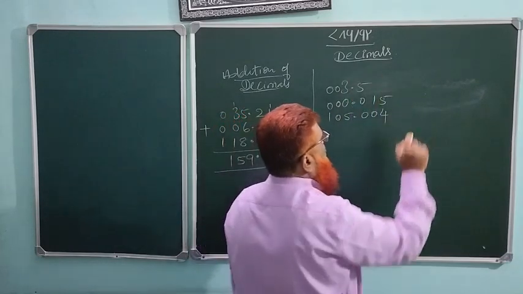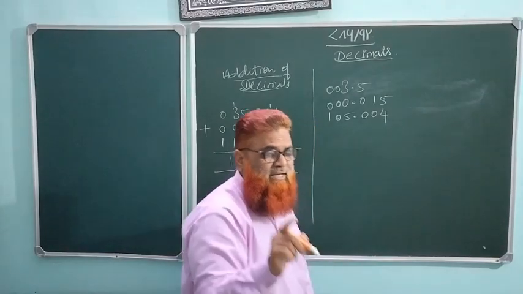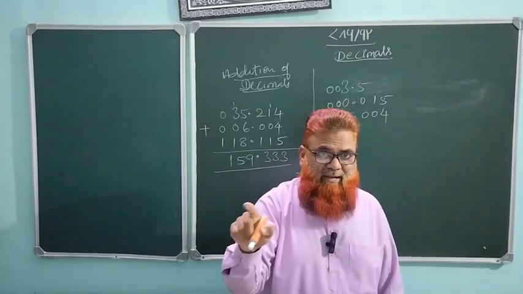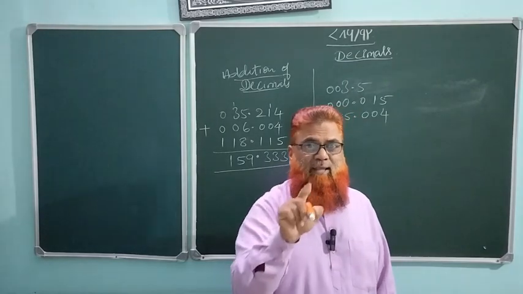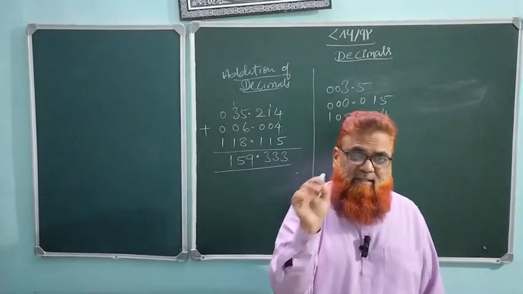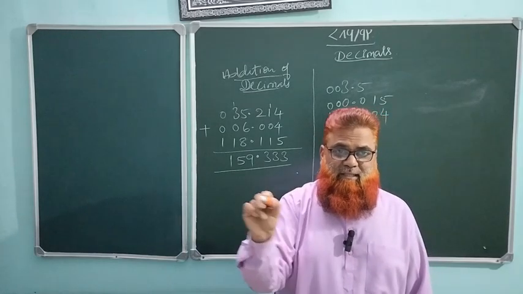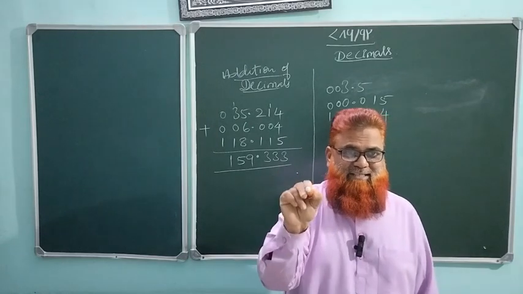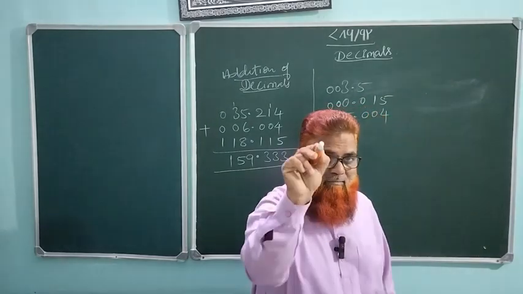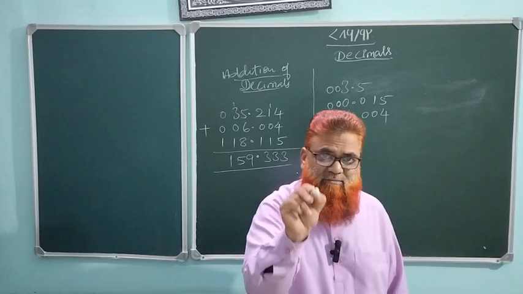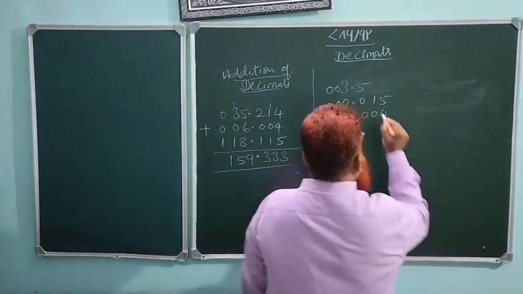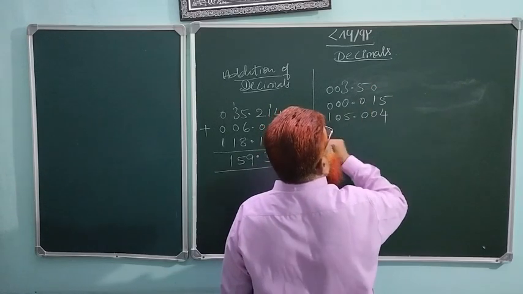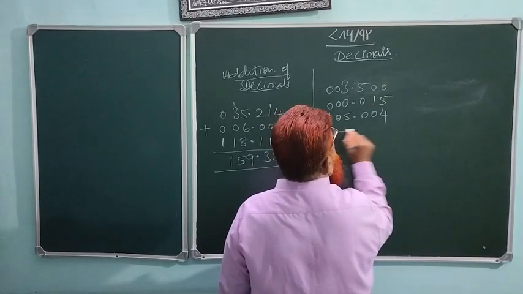But in this first part, only the tenths, I am saying T-E-N-T-H, tenth, not ten. Tenth means 1 by 10, hundredth means 1 by 100, and thousandth, here the suffix is written as th, means 1 by 1000. Now here the tenths place is 5, the hundredths place is nothing, you put 0, the thousandths place is also 0.